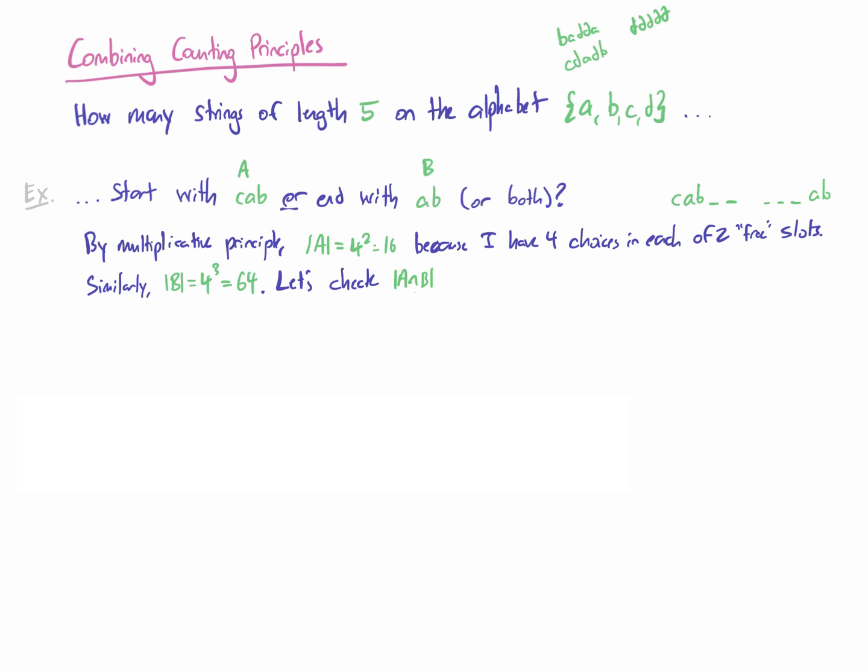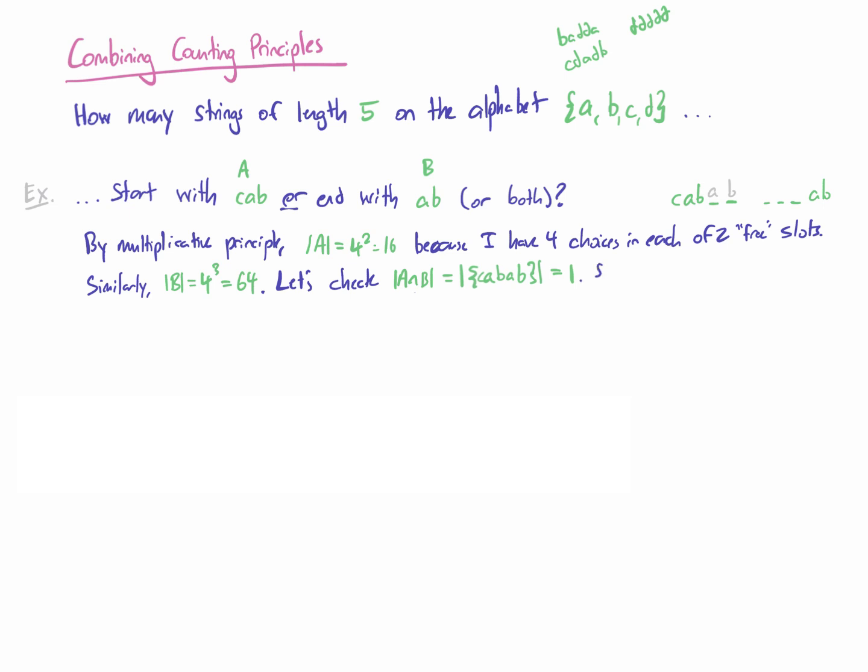The only way for me to make that work is to put the 2 letters AB right here. I would have to fill in A and B right there. I have no more choices left. My string is determined. So the set A intersect B is just the set containing the single string CABAB. I guess kebab is how you would pronounce that. There's just one string in there, so the size of this intersection is equal to 1.